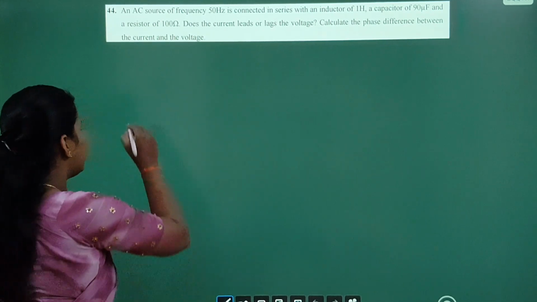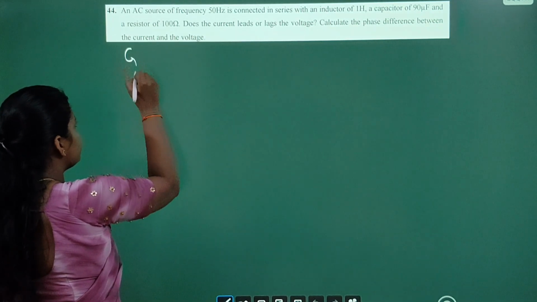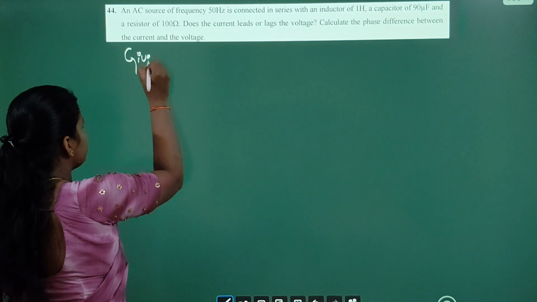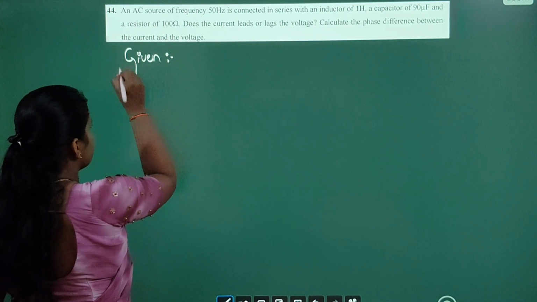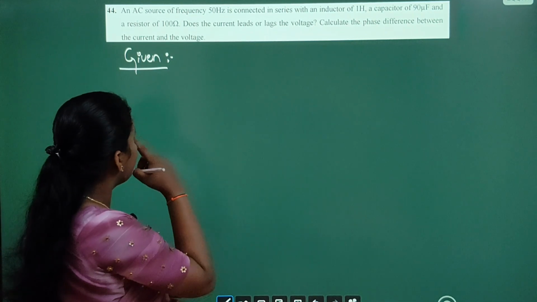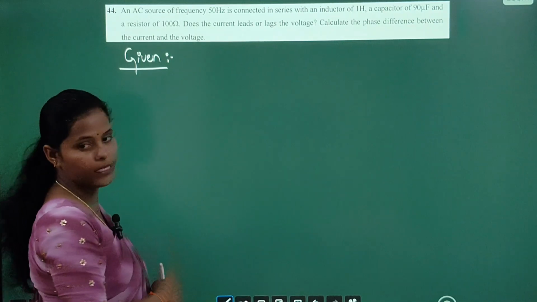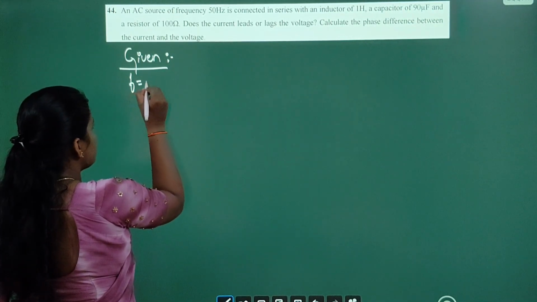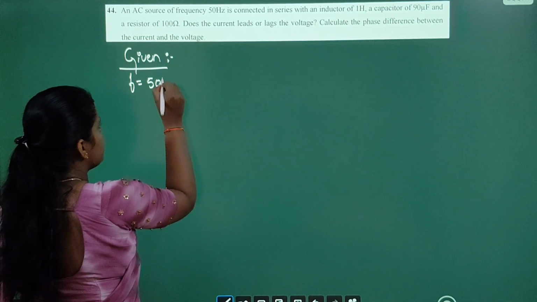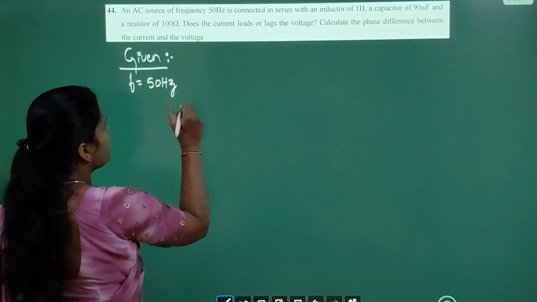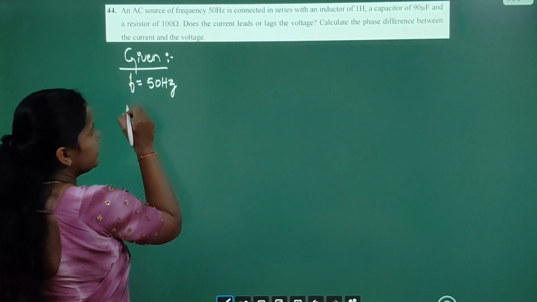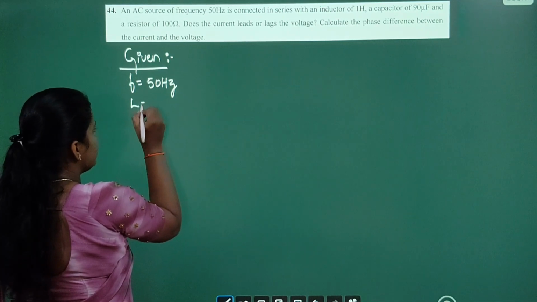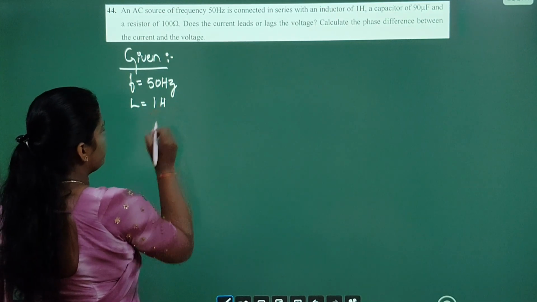First, write the given values. The frequency is 50 Hz. The inductor L is equal to 1 Henry.